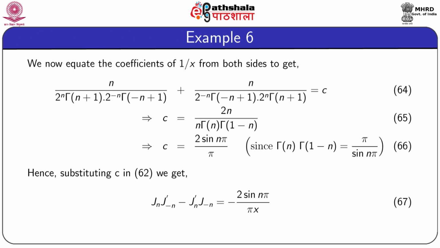We substitute c in 62, and we get J_n J'_{-n} - J'_n J_{-n} is equal to -2 sin nπ/(πx), which is our required result.